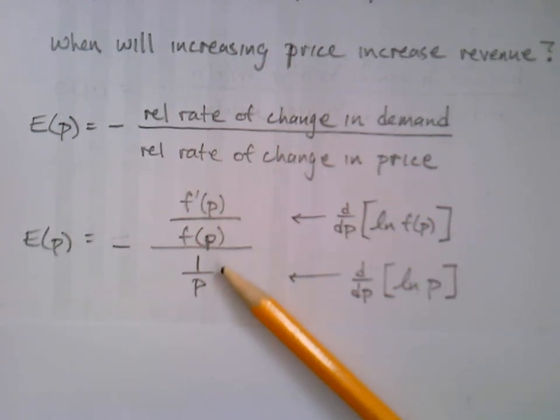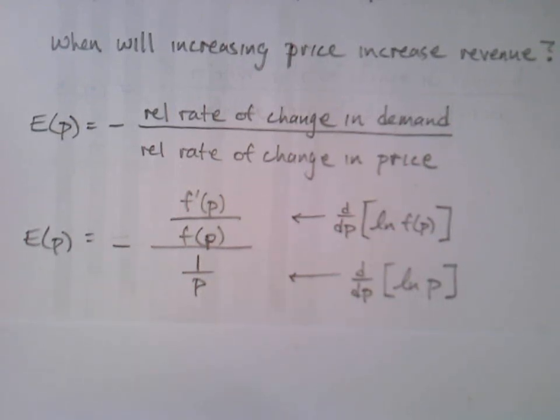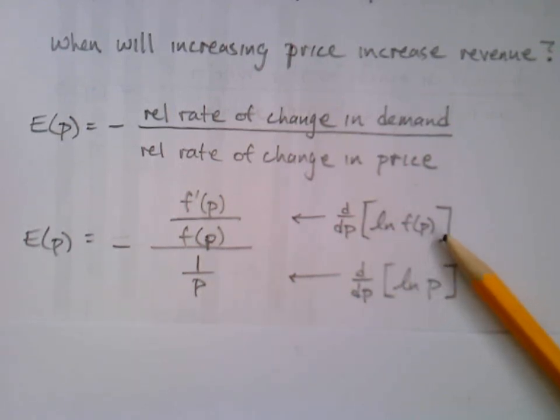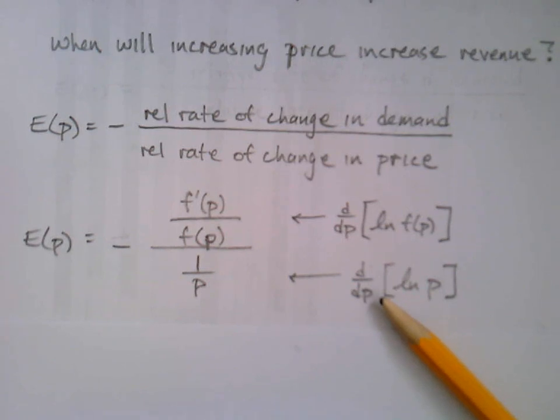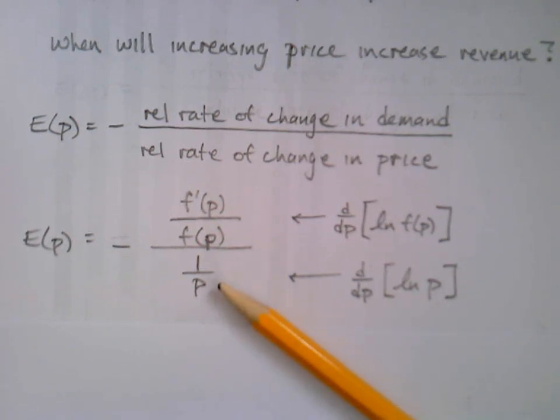The relative rate of change in price is always as simple as 1 over P. That comes from the natural log of P, the derivative with respect to P, which is straightforward: 1 over P.